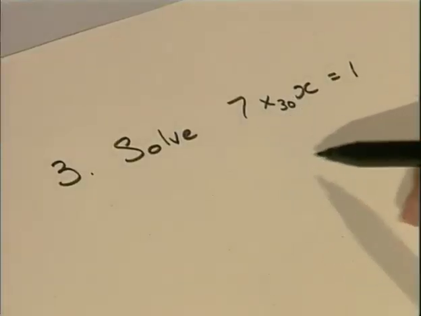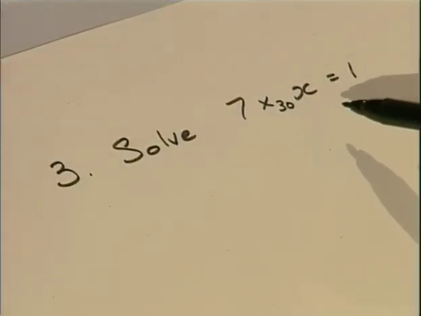Right, so having done an example like that, I've got a more challenging problem. I've got to solve an equation 7 times x equals 1 mod 30. So what Sarah wants to do is to find a number x with the property that 7 times x equals 1 using modulo 30.